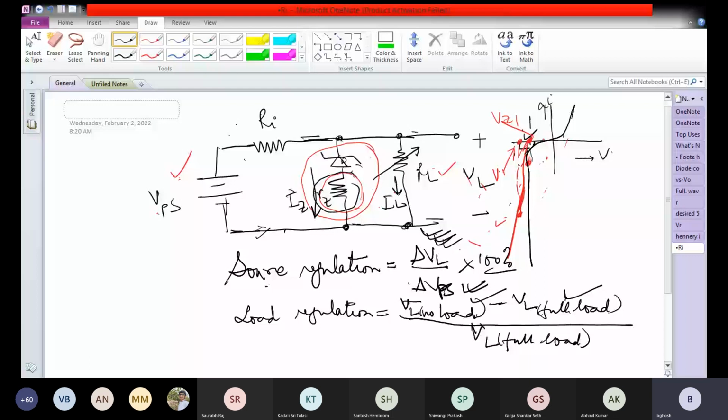As usual, for an ideal voltage regulator, the load regulation will also be 0, and the smaller the load regulation, the better our circuit is, or the better the Zener diode has successfully maintained the output voltage constant irrespective of the change in the load current.